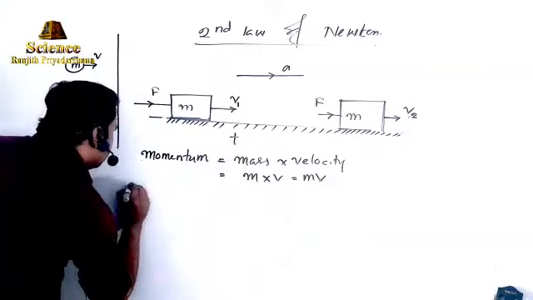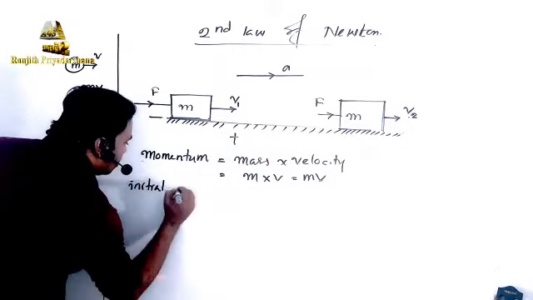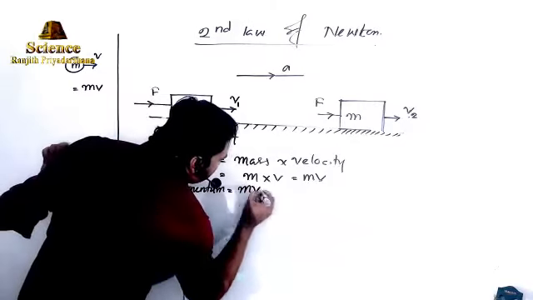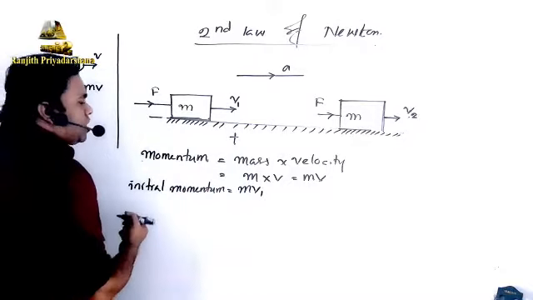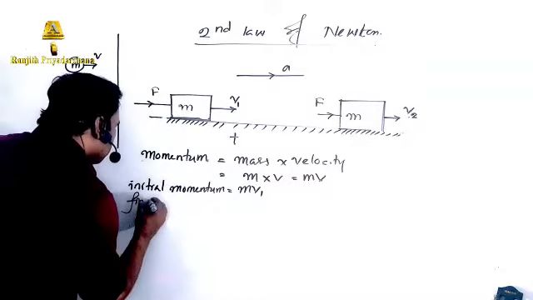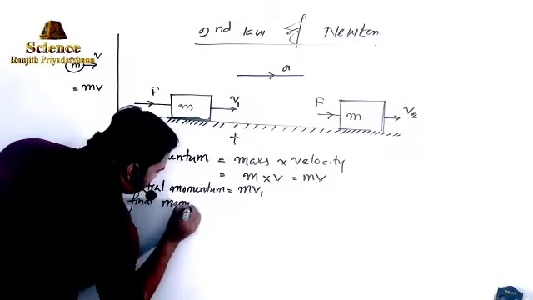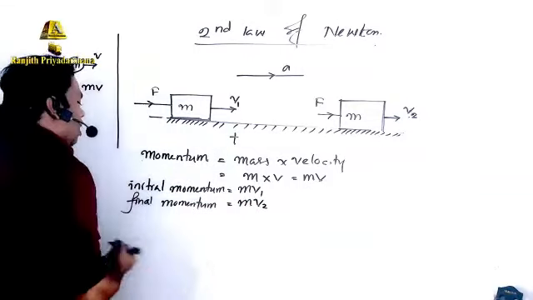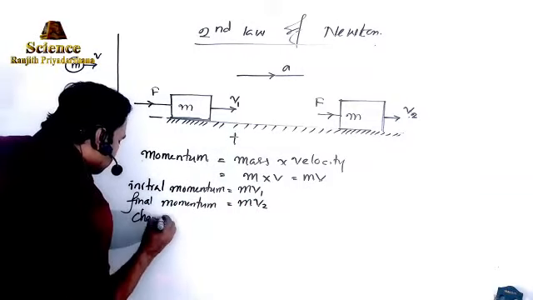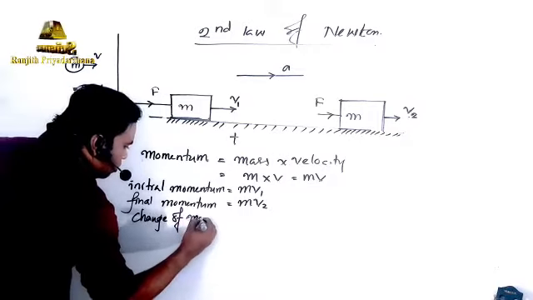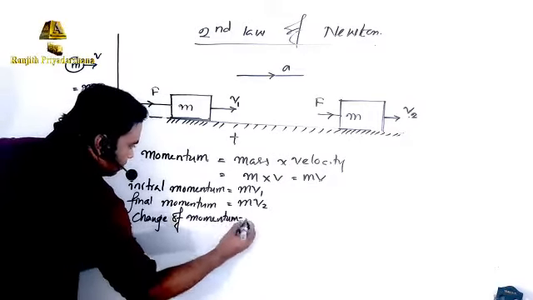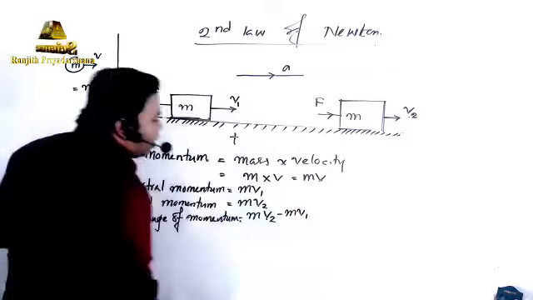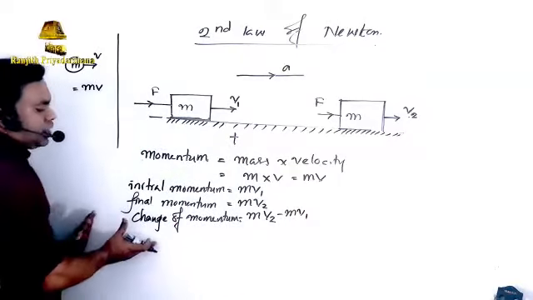So we write initial momentum equals mv1, and final momentum equals mv2. Now the change of momentum is mv2 minus mv1.